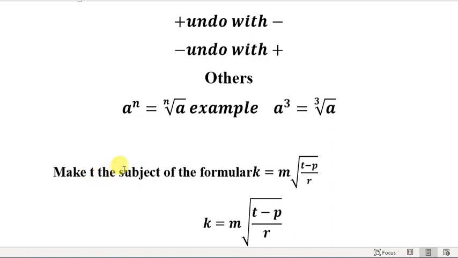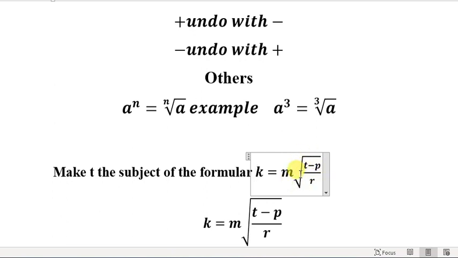Make t the subject of the formula k equal m root t minus p over r. Our focus is to make t the subject. Let's observe where t is located. Realize that t is under a radical sign.